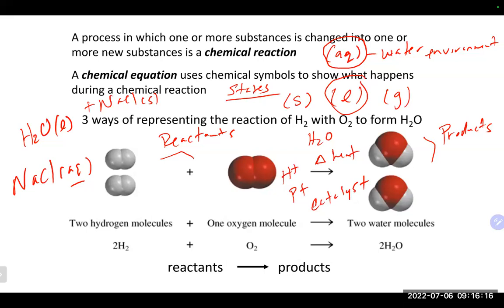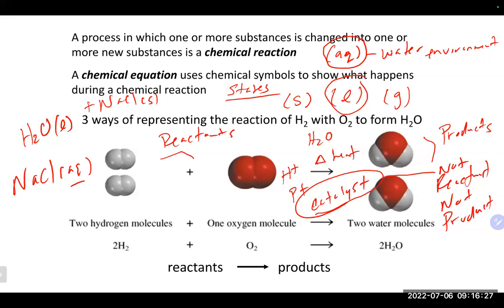A catalyst is not a reactant. It's not a product. It does not get used up in the reaction itself. It is there really just to facilitate the reaction occurring a lot faster in most cases.